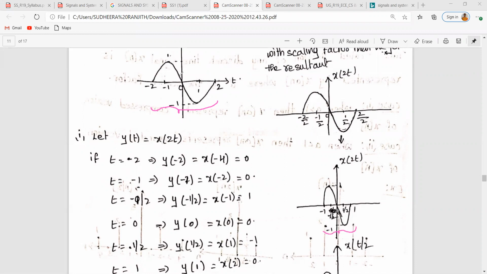The signal is compressed with respect to its time axis. Since the scaling factor a is greater than 1, the resultant signal is the compressed version. This is the actual process of determining the time scaled version. But there is another simple way.